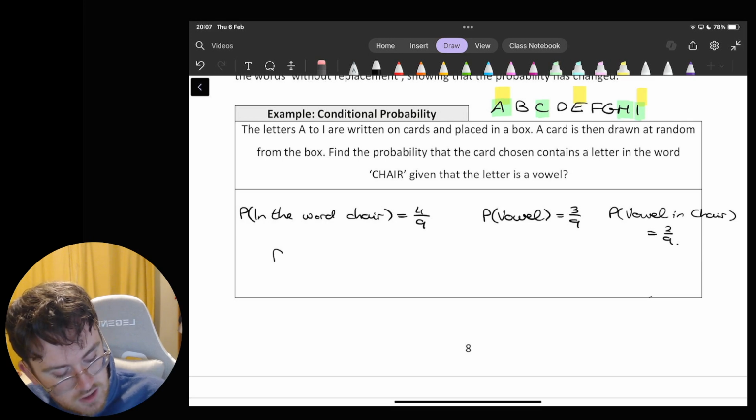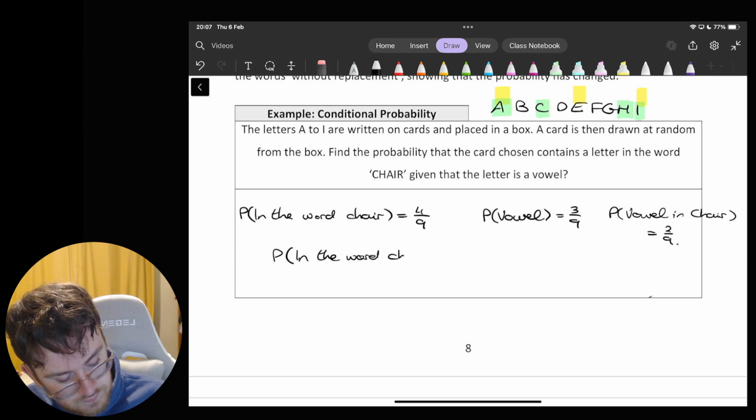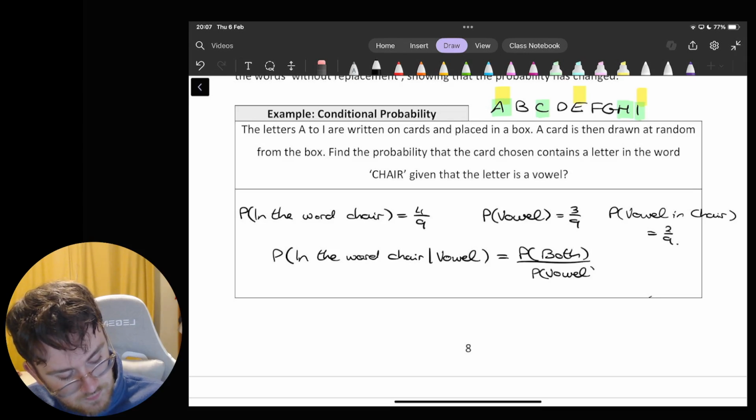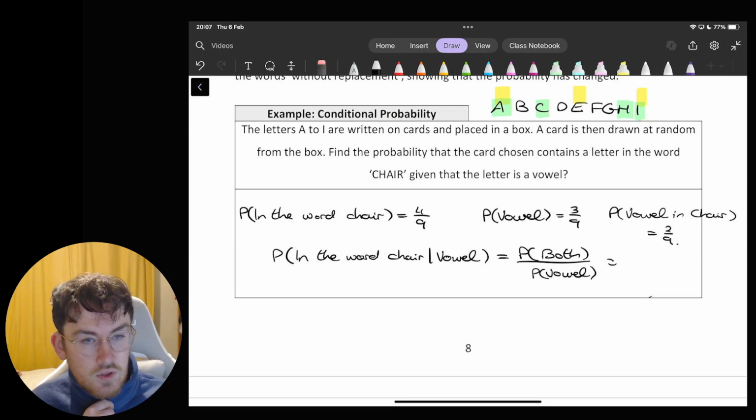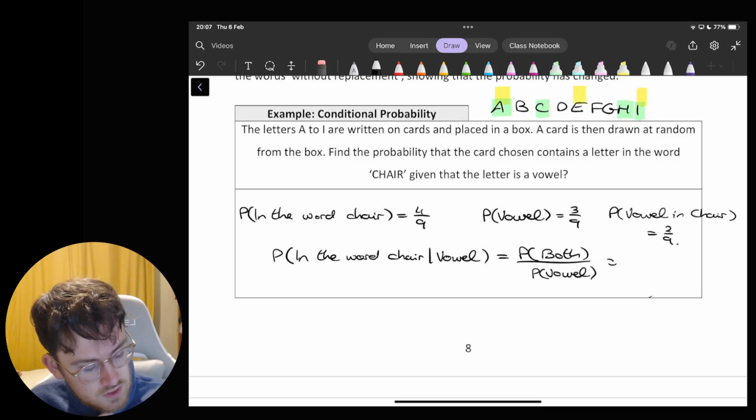We are looking for here the probability that we choose a letter that is in the word chair, given that it is a vowel, which is the probability that it's both over the probability that we got a vowel. So the probability of getting both a letter that was in the word chair and was a vowel is 2 out of 9.